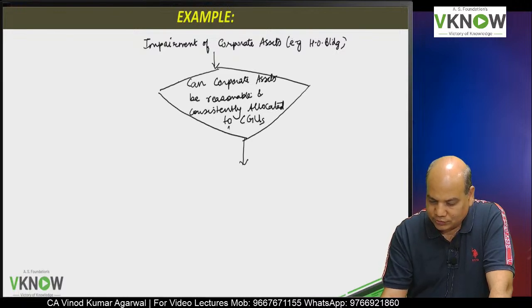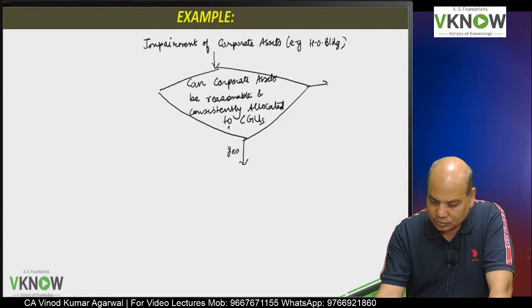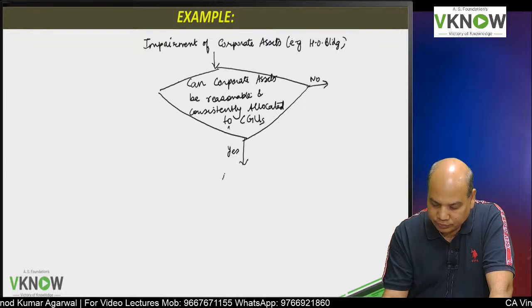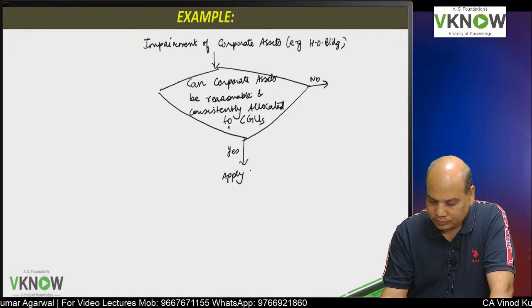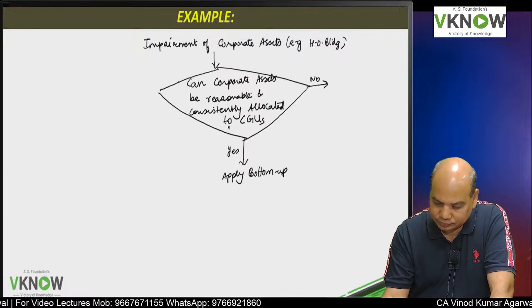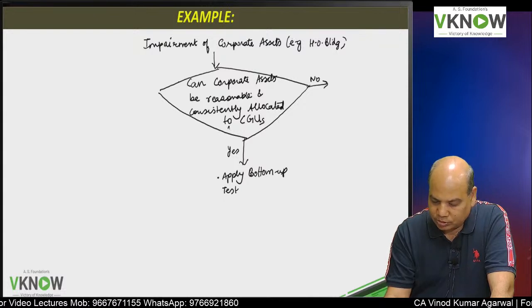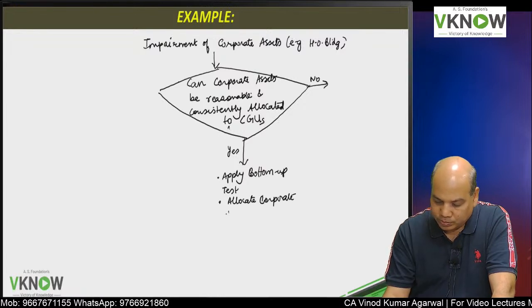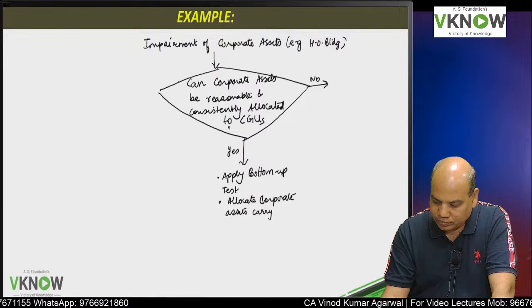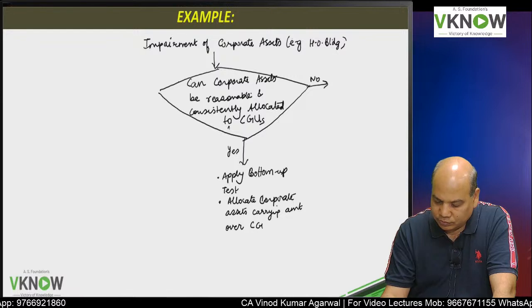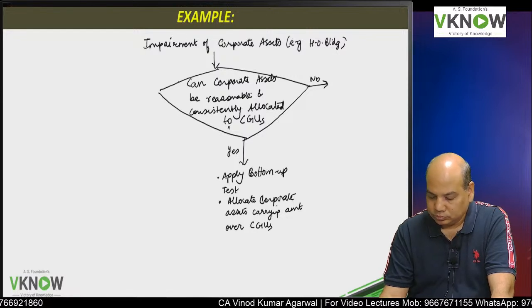The answer is yes. The answer can be no. If the answer is yes, apply bottom-up test. Apply bottom-up test. Allocate corporate asset carrying amount over CGUs.